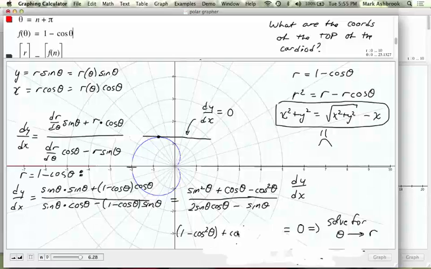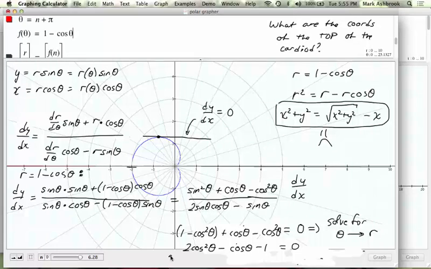And we're going to have plus cosine theta minus another cosine squared theta, and that equals 0. Okay, so we're going to have a quadratic in cosine, and I'm going to change the sign too. So 2 cosine squared theta minus cosine theta minus 1 equals 0.